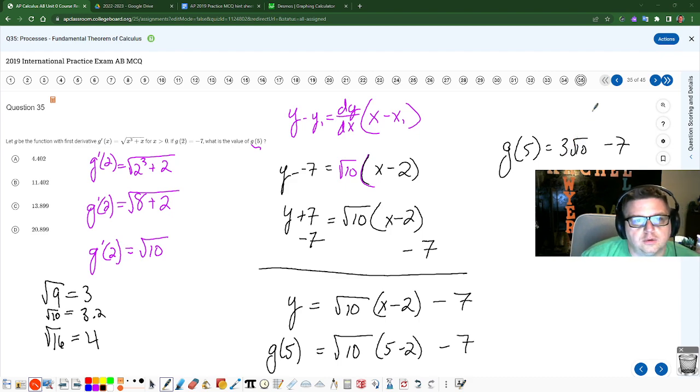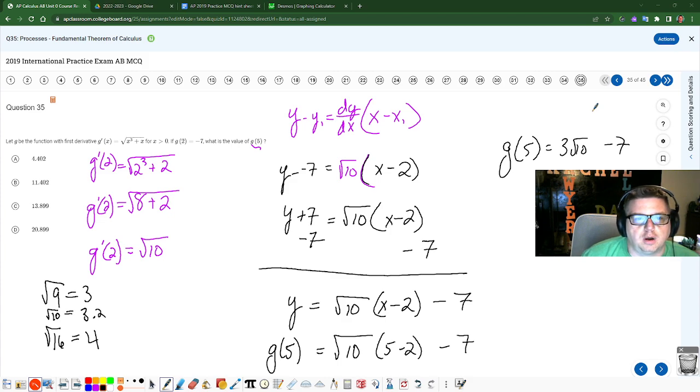Ooh, interesting. Oh, it's cubed. Yeah, 2 times 2 is 4, times 2 is 8, plus 2. Okay, I don't see what's wrong with that. 8 plus 2 is 10. Then we did x is 2, y is negative 7.